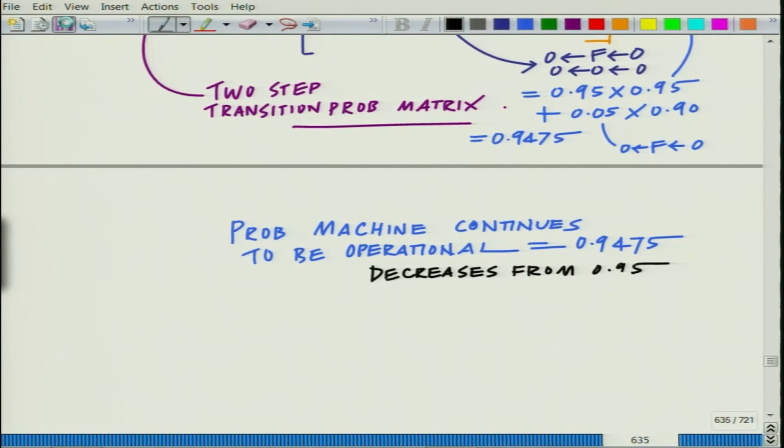Originally, remember, the 1-step probability that it continues to be operational is 0.95. The probability that it continues to be operational after 2 hours, you can see, is lower, it is 0.9475.